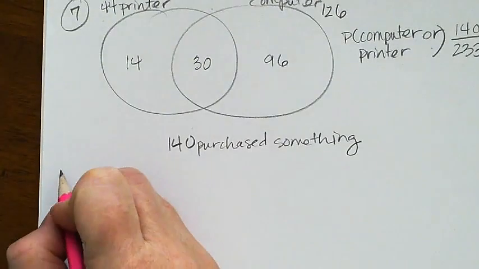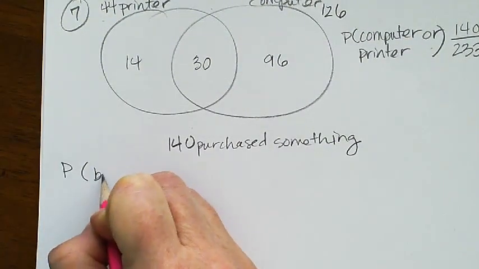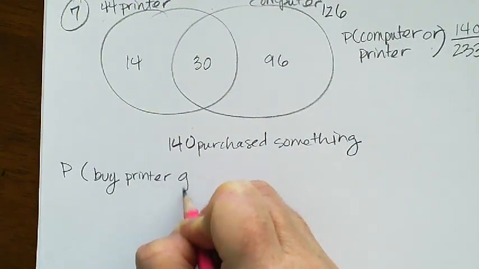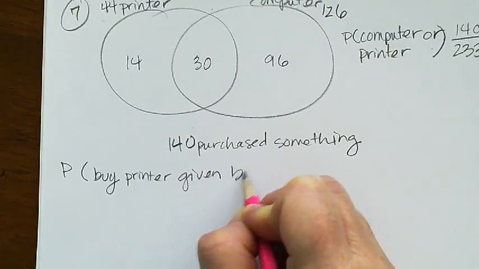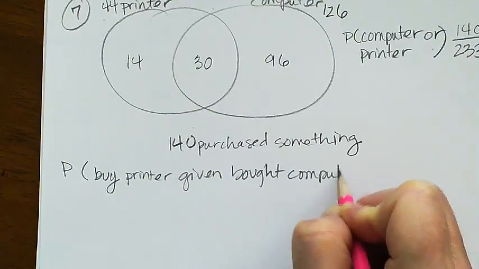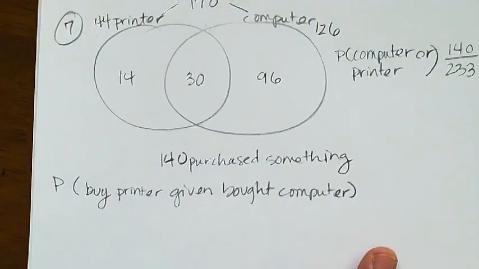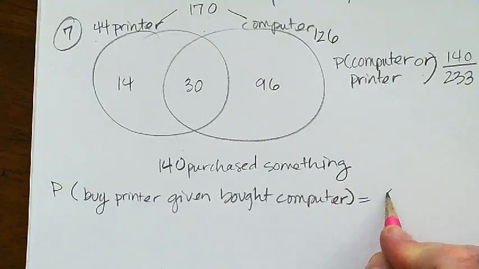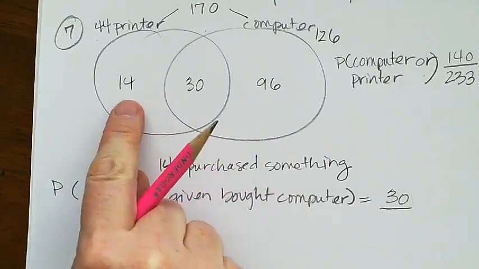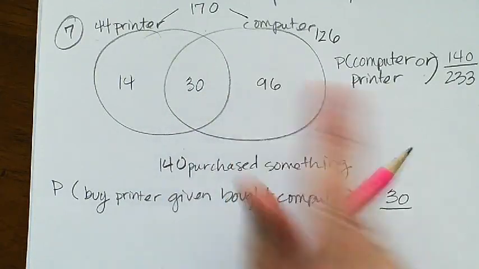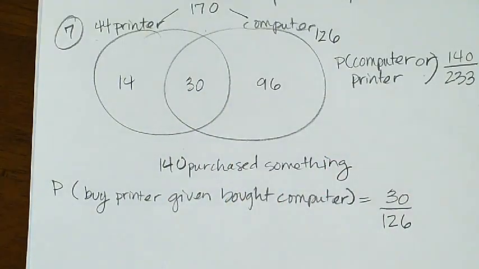Okay, so probability that you buy a printer given that you already bought a computer. Well, 30 people bought both, so that's got to be 30 out of the people who bought the computer, so out of 126.